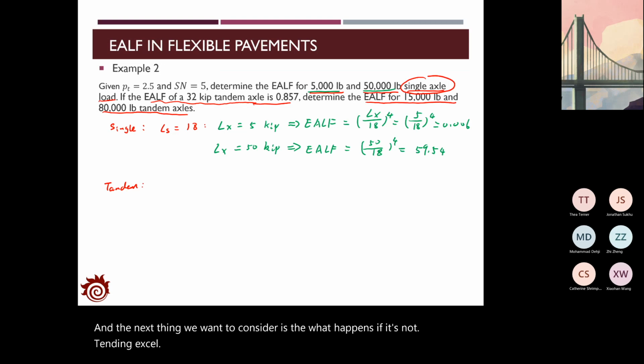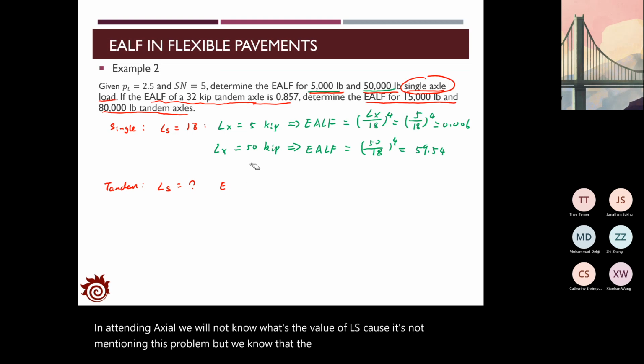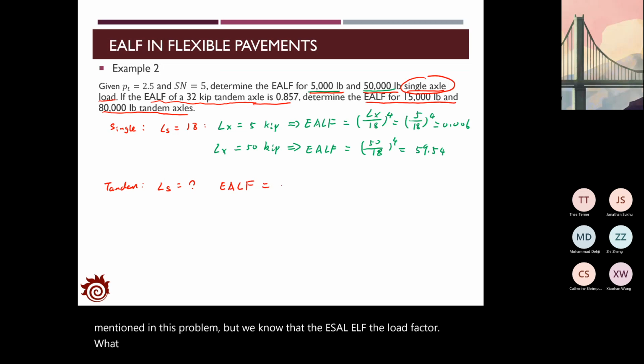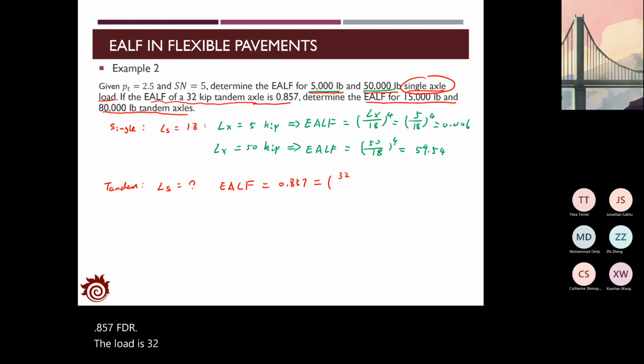In the tandem axle, we will not know the value of LS because it's not mentioned in this problem. But we know that the EALF, the load factor, will equal 0.857 if the load is 32 kilopounds, which means that 32 divided by LS, to the power of 4, should equal 0.857.